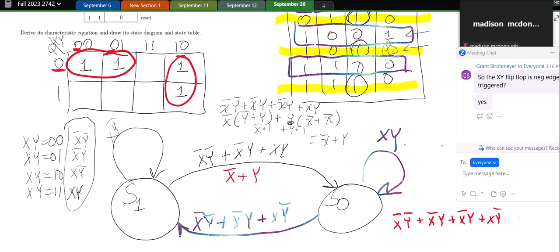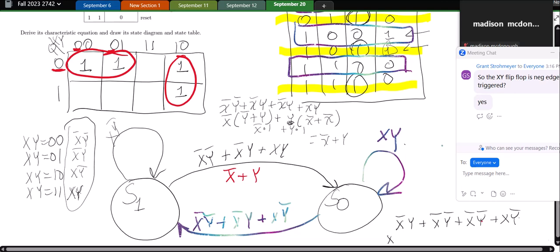Let me change the order a little bit. So I'm going to put the x bar y bar in the middle. So I'll have x bar y plus x bar y bar, plus, and then copy the x bar y bar over, plus x y bar.